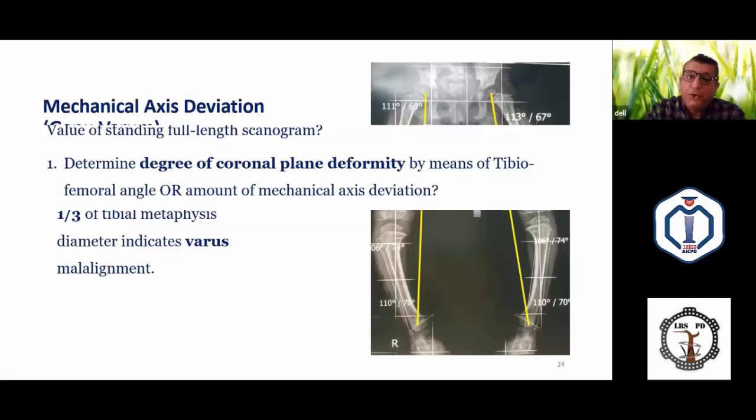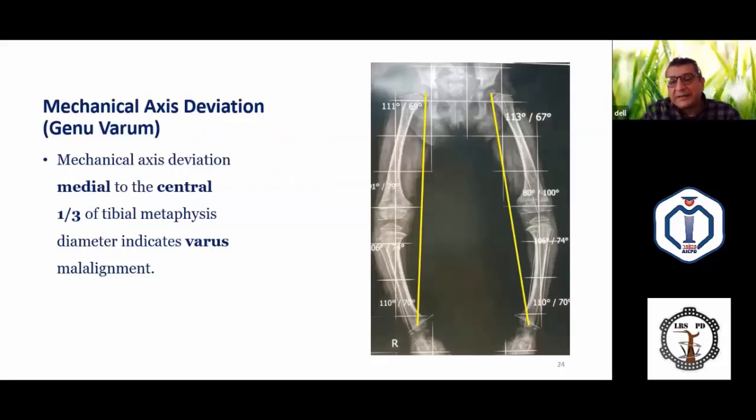We take the widest diameter and slice it into thirds: a central third, then a third lateral and a third medial to it. We assume that if the mechanical axis does not pass through the central third, then this is abnormal. This is a deviation. And we can see here that, of course, the mechanical axis is passing not only in the medial third, but it's outside the tibial condyle.